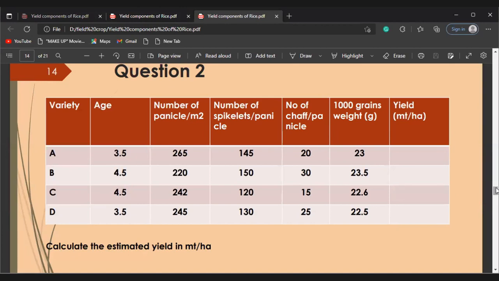For the A, may I get the yield in the chat box?